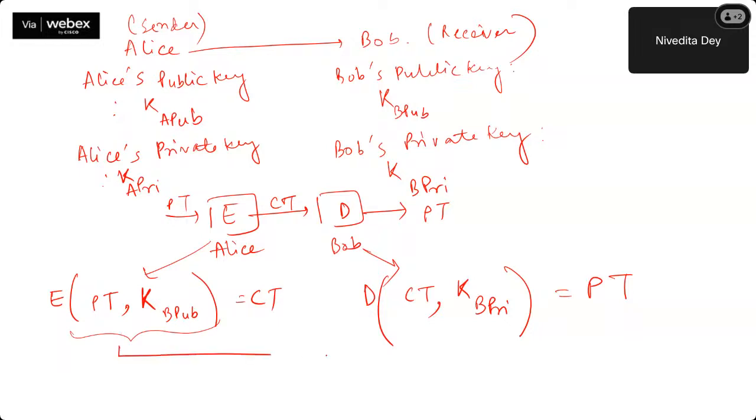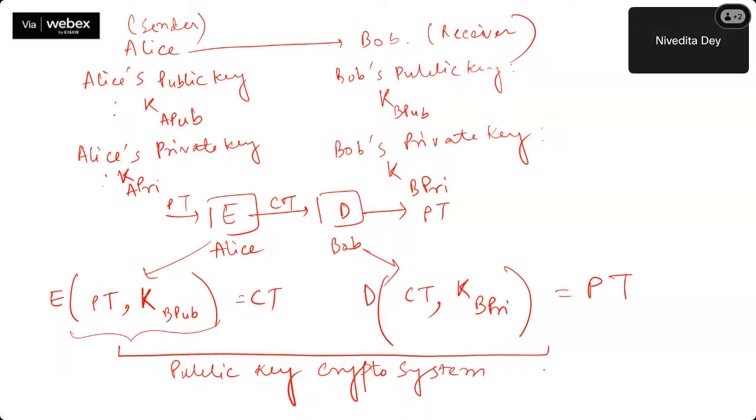And this entire cryptographic algorithm is known as public key crypto system, which is fundamental for RSA, ECC, DSA, all these algorithms, which are based on the same concept. All of these are asymmetric key or public key crypto systems.